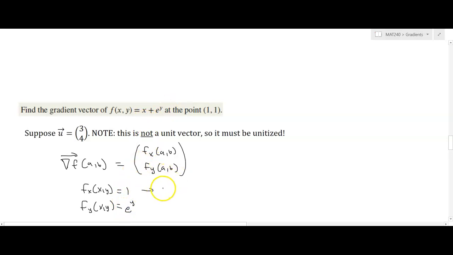And now I can calculate what f sub x is at the point (1, 1). That is not going to change regardless of what x or y are. The f sub x will always be 1. And to get f sub y at the position (1, 1), e to the y, which is about 2.17.